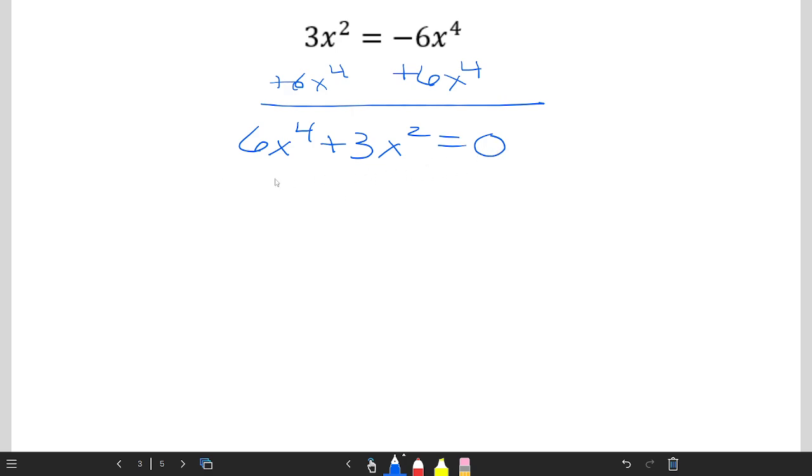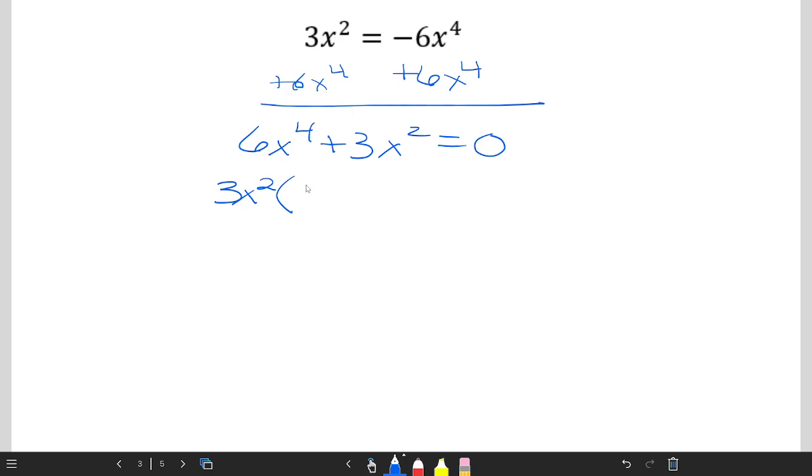And now that that side is 0, we can factor. We have two terms on the left side. There's our plus sign separating our two terms. And we can just look for a greatest common factor. So both coefficients are divisible by 3. And both terms have an exponent on the variable of at least 2. So we can factor out an x squared as well.